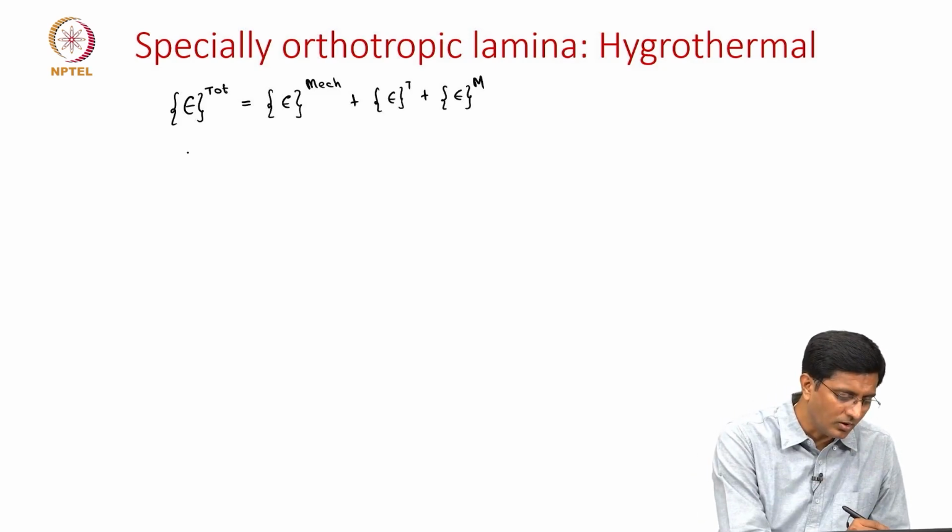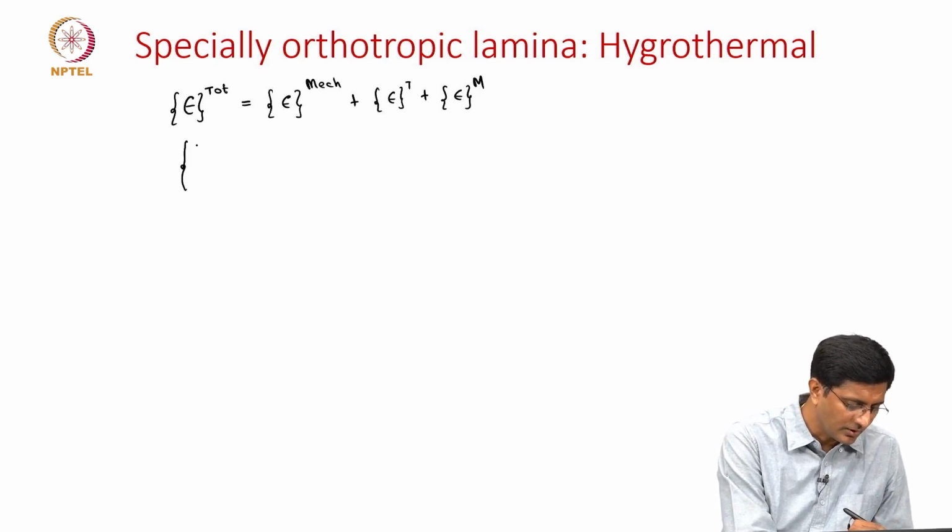Now let's write all the components in the material coordinates. So let's say we are looking at epsilon 1, epsilon 2 and gamma 12.